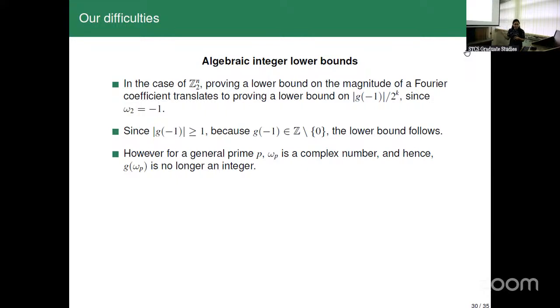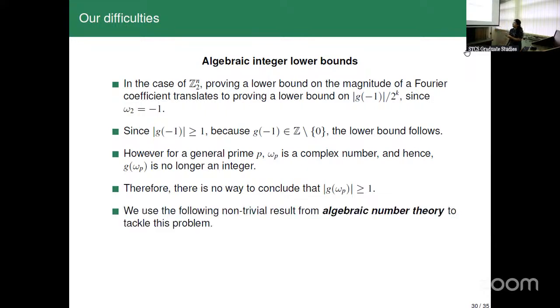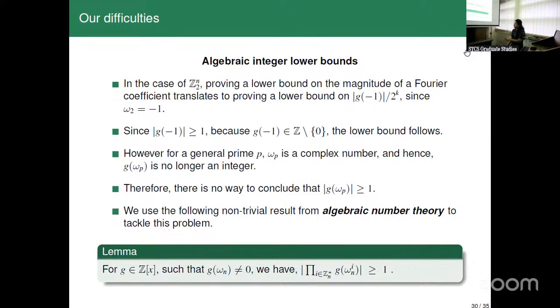For general prime, omega p is a complex number, and hence g of omega p is no longer an integer. So we cannot conclude that it is greater than or equal to 1. And we use this result from algebraic number theory. It states that for g of omega n not equal to 0, take the product of g of omega n to the power i over all the permutations.